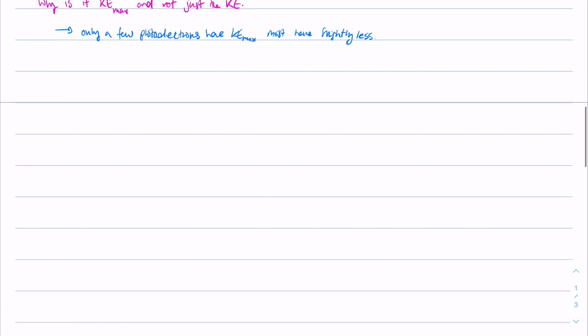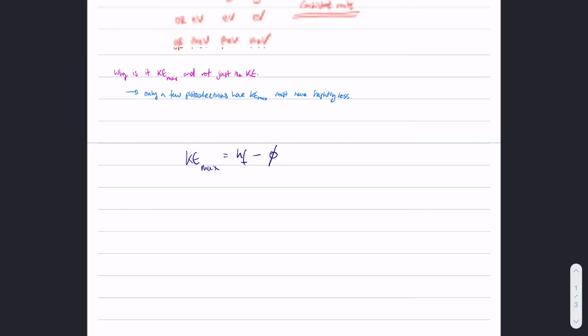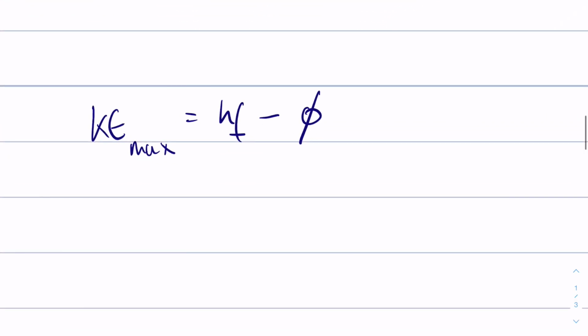Let's rearrange it for KE max equals hf minus the work function. I'm now in the form y equals mx plus c.